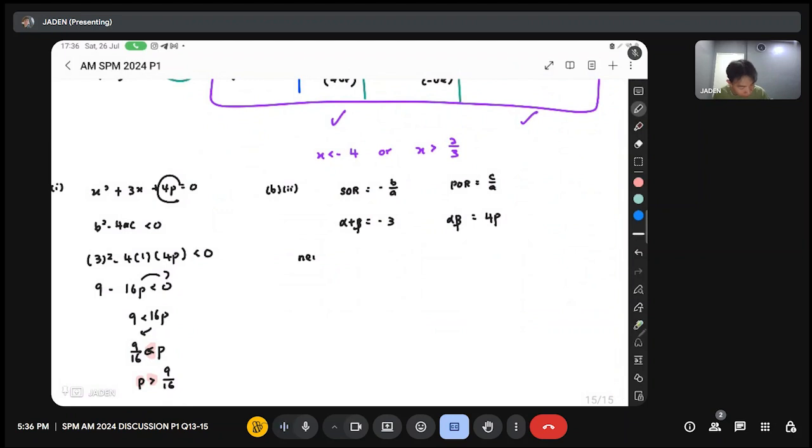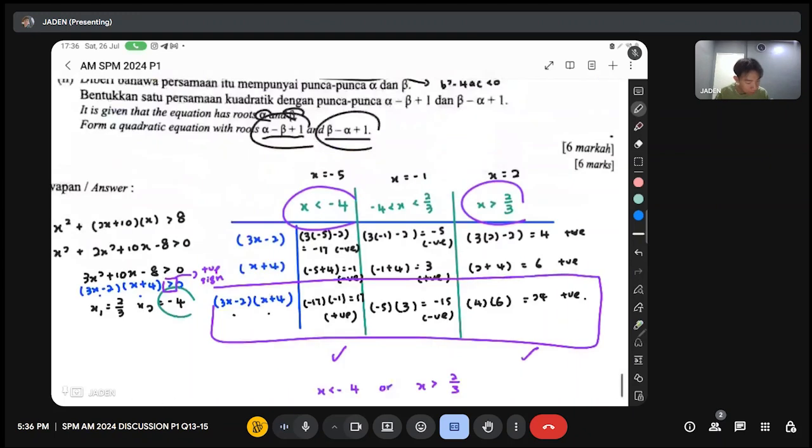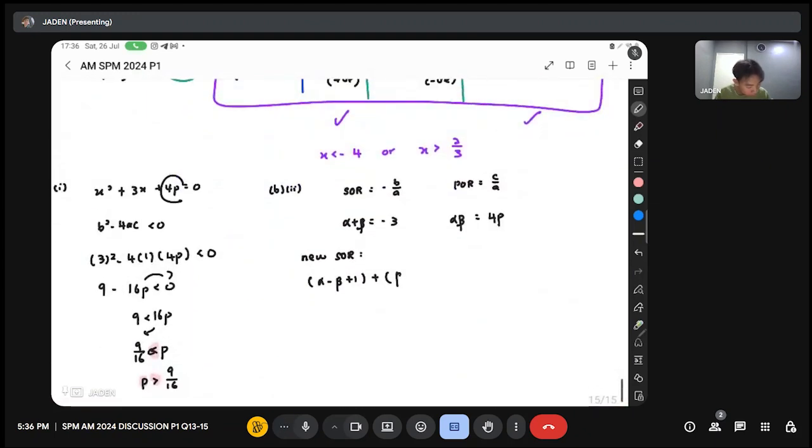We're going to solve it. New SOR. Okay, alpha minus beta plus 1 plus the other root, beta minus alpha plus 1. Okay, I hope I didn't take down the question wrongly. With this in mind, we will expand the equation.